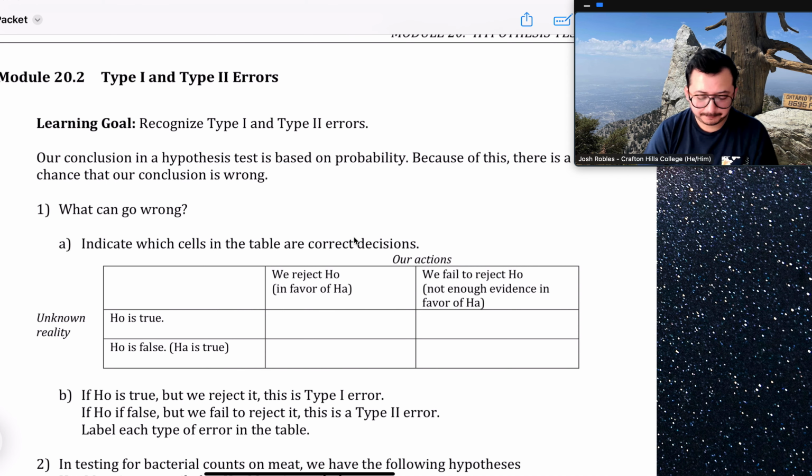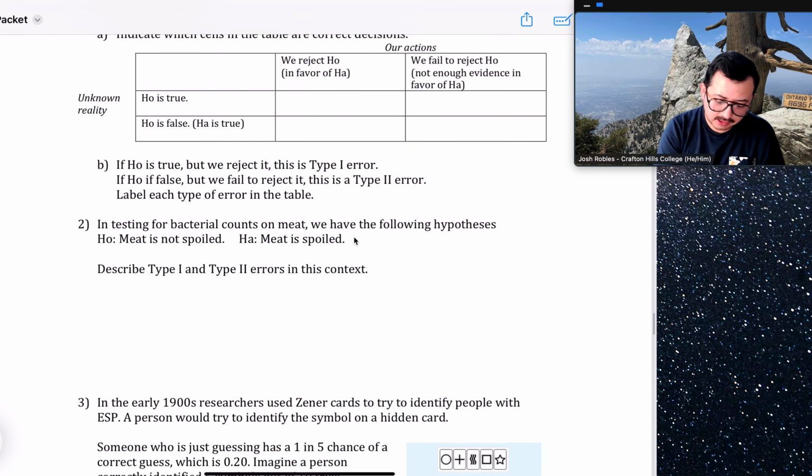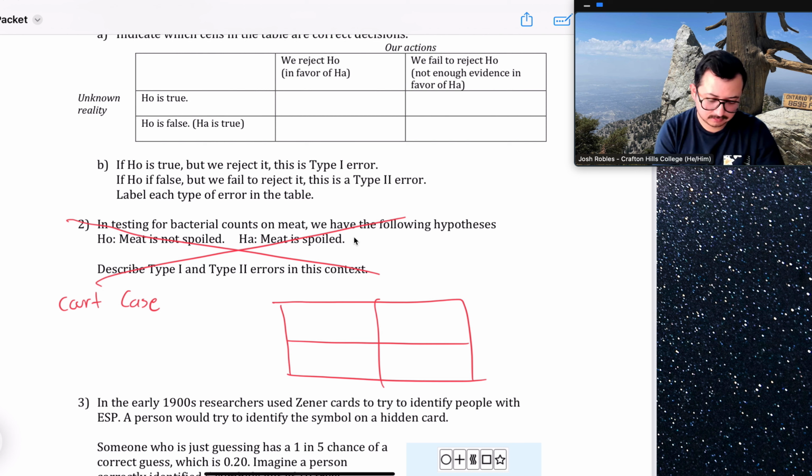Okay, so in the court case scenario, I'm going to take this example and do the court case one. The court case has what the jury decides and what real life is. Let me switch that to match ours.